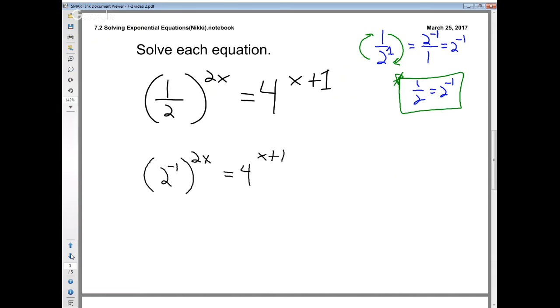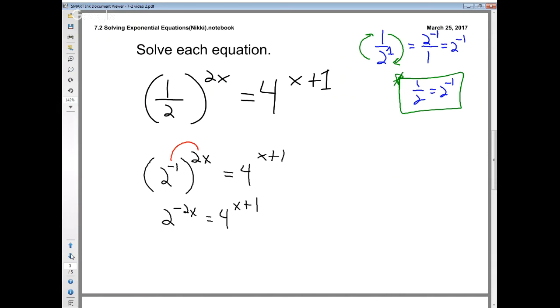And while we're at it, let's go ahead and multiply the negative 1 by the 2x. So then this will become 2 to the negative 2x equal to 4 to the x plus 1. All right, so we no longer have fractions anymore. We're good. We can breathe easy.